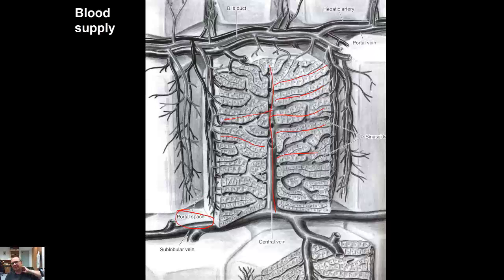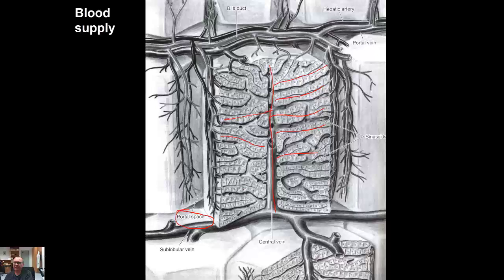Portal space is the area where a little bit more connective tissue is present, and where we can find vessels which supply a lobule, and so they are called interlobular. Each portal space can contain interlobular arteries and interlobular veins.